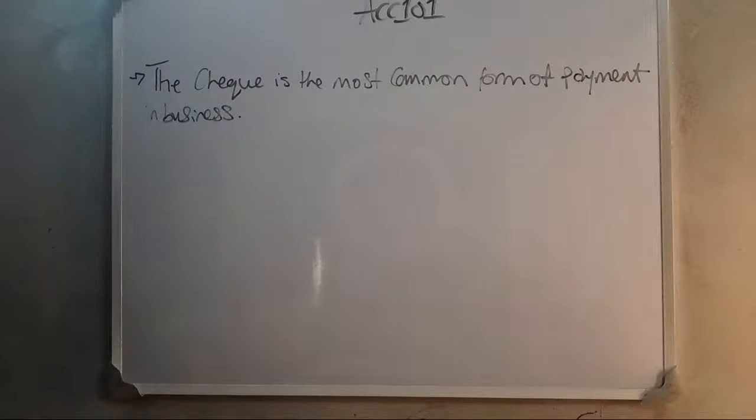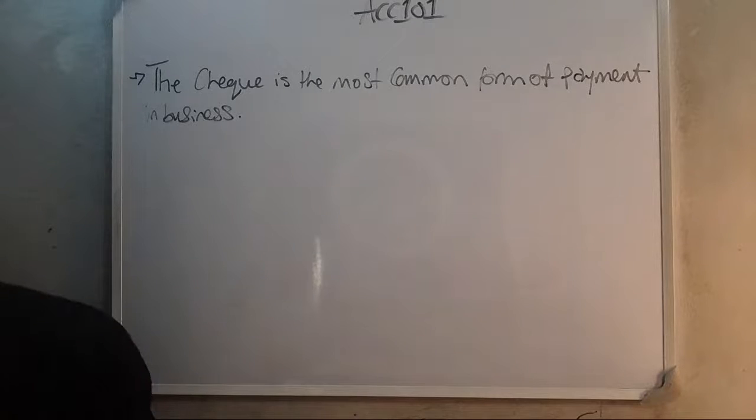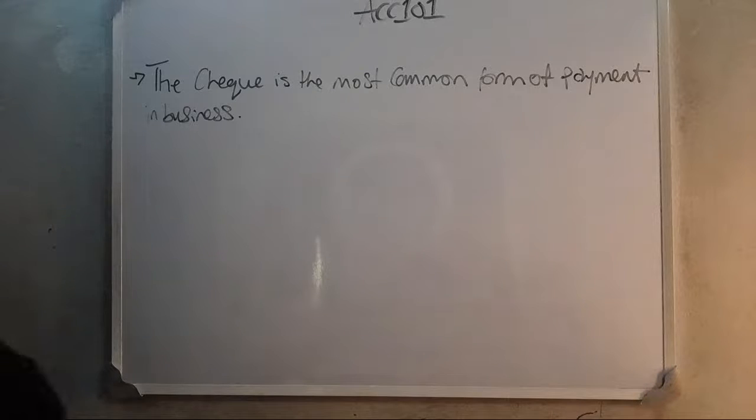Are we together? Reference is made to the crossed check that can be paid as long as the signature of the endorser is at the back of the check. So we have that as that.